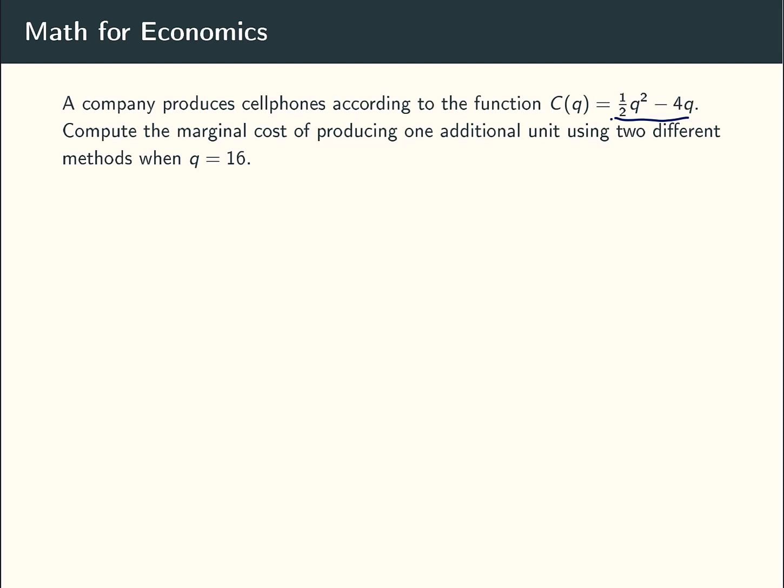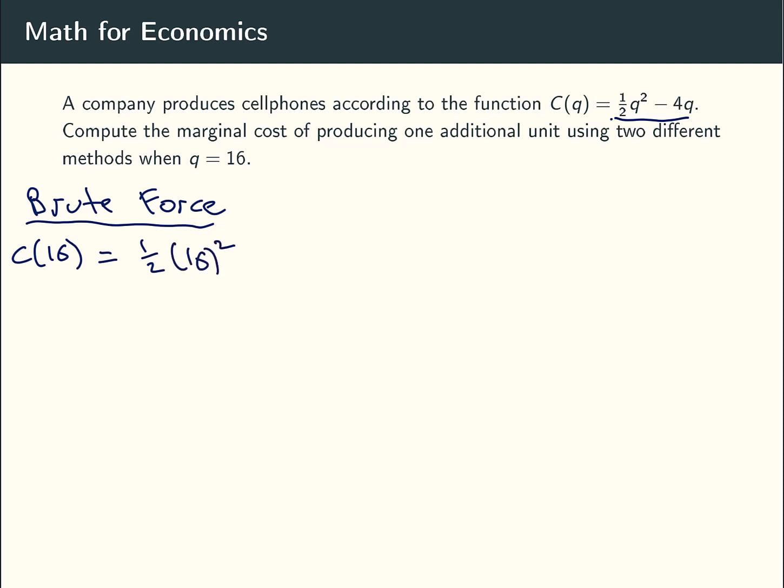What two methods are we supposed to use? Well, we can use the methods that we used in the previous slide. We can use what I call the brute force method. And we can say, well, the cost of producing 16 cell phones is equal to 1/2 times 16 squared minus 4 times 16, which is equal to 128 minus 64.